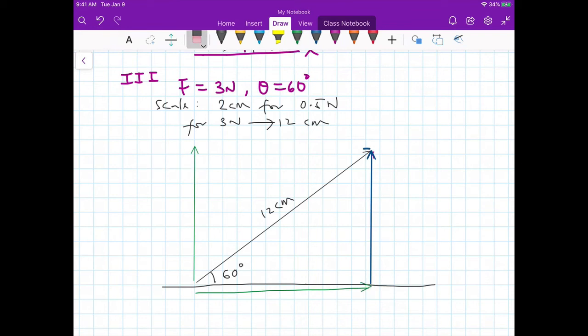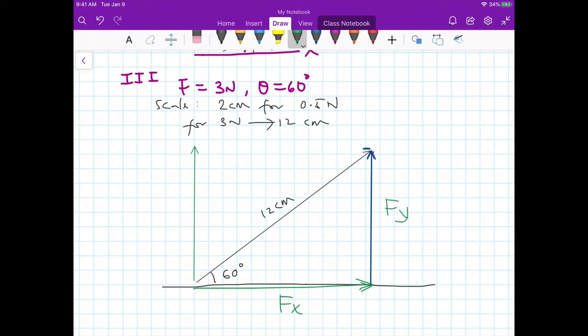We delete this. So this is Rx and this is Ry, or you can call it Fx. Actually the force's name is F, so therefore let's use Fx and Fy. So this is Fx and this is Fy.